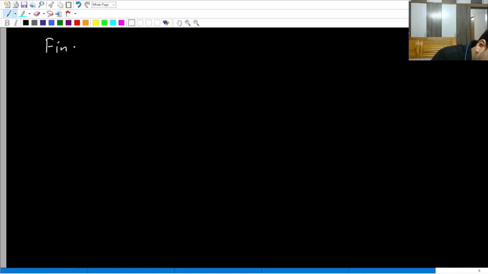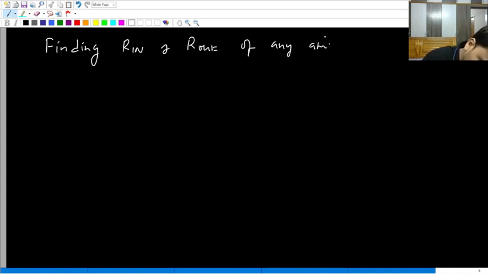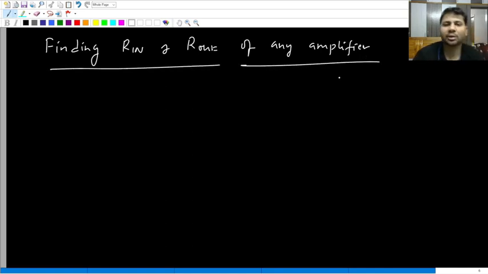So this is a discussion on finding Rin and Rout, the input resistance and the output resistance of any amplifier.